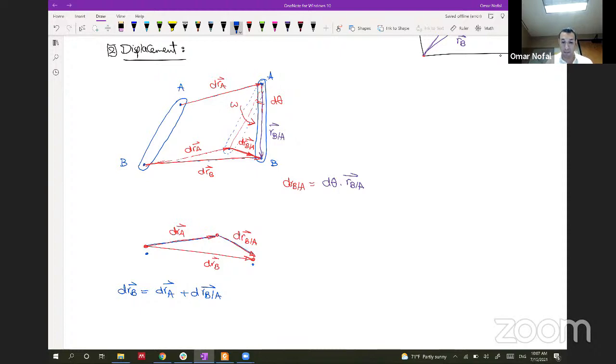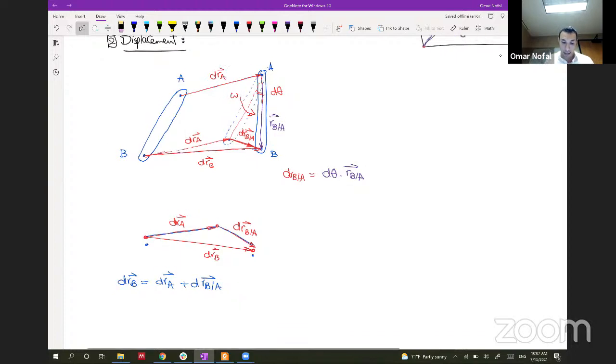We will have to sum them. And this should be equal, if we divide this over dt, so this will be another equation, which is the V at B will be equal to the V at A plus the VBA vector. So what is the VBA vector equal to?